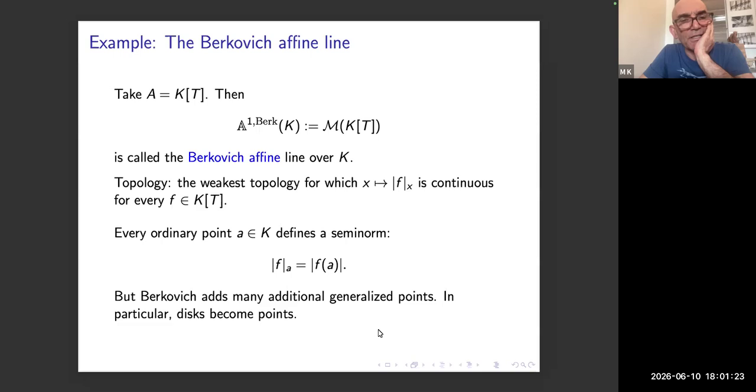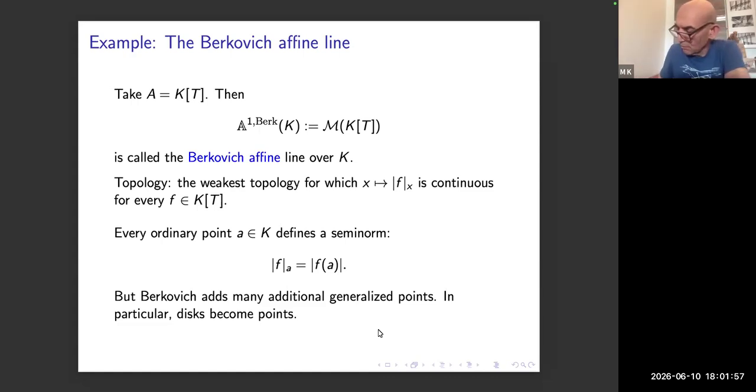Let K be CP, or just this non-Archimedean complete absolute value field K. Then we take this algebra K of T, and the Berkovich affine line over K is this Berkovich spectrum of the polynomial ring with coefficients in K. Yeah, this is the Berkovich affine line. And you can topologize that.